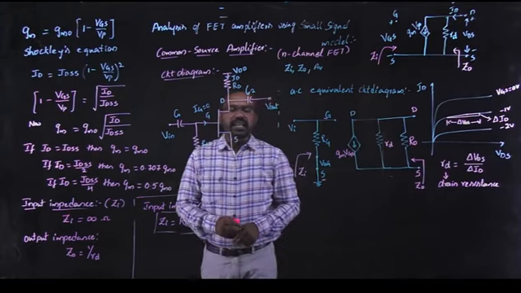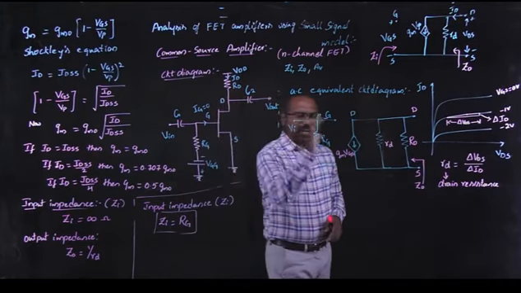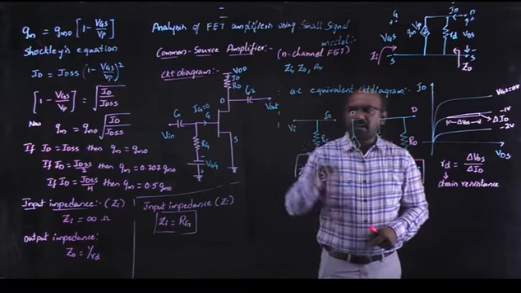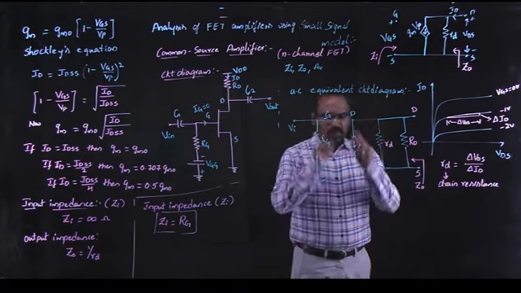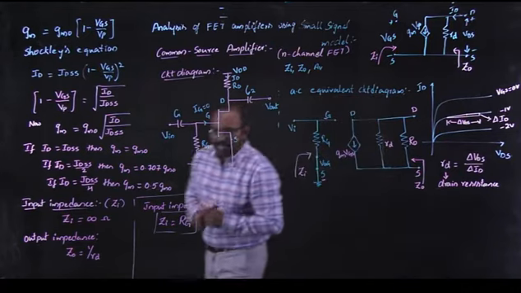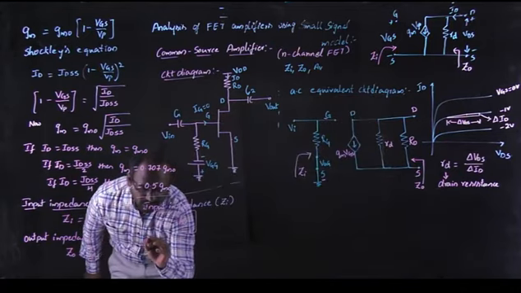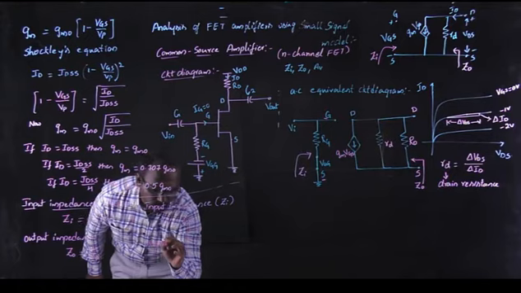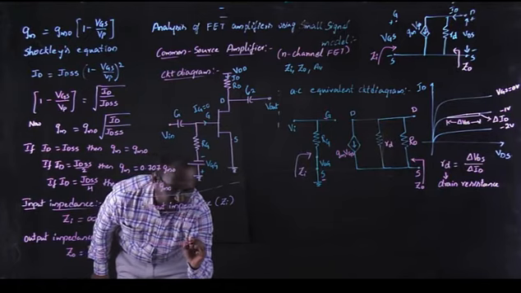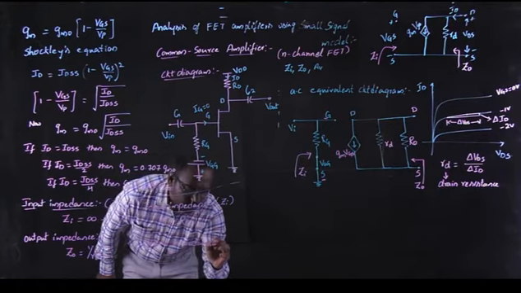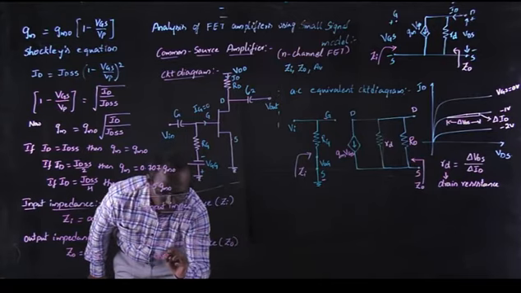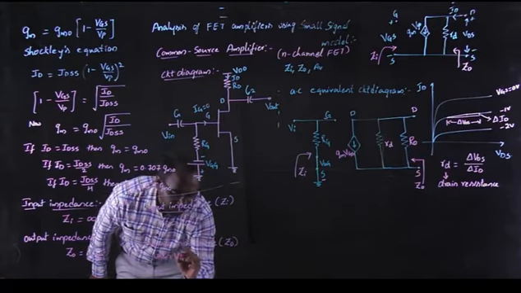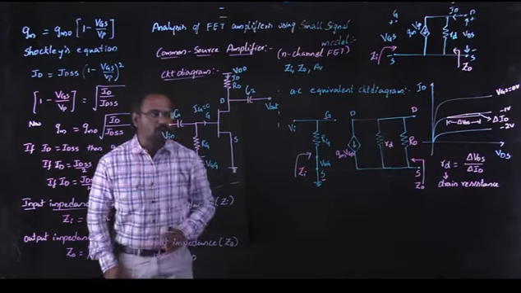Generally the output impedance is calculated when Vi is equal to 0. Are you getting my point, guys? We have already seen output impedance is calculated when Vi, the input, is 0.